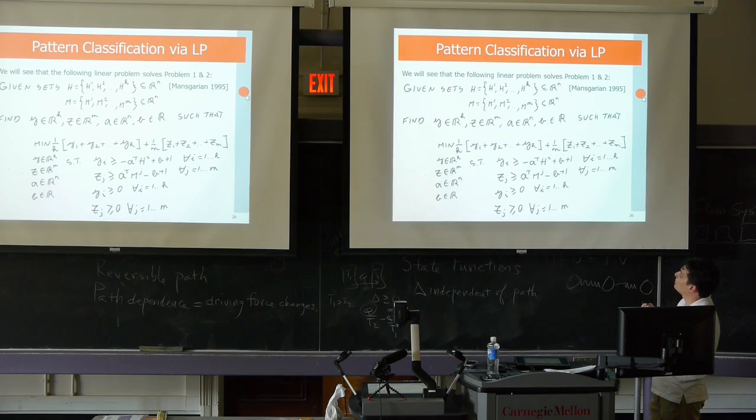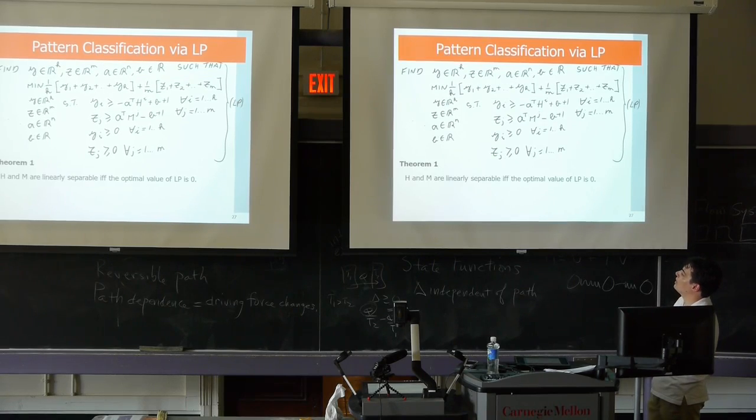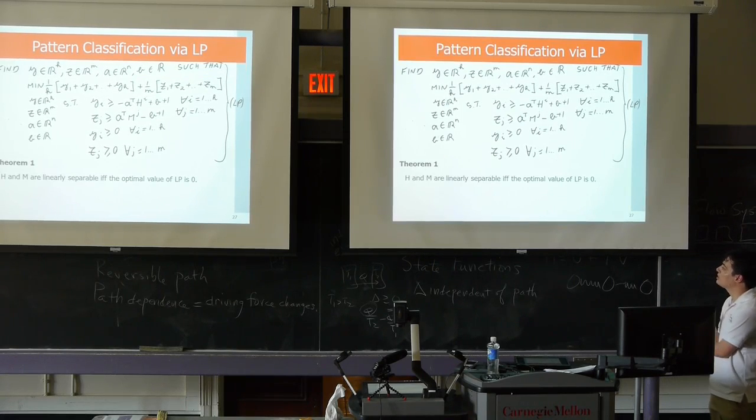And we have these other constraints, that y_i is always bigger than minus A transpose h_i plus B plus 1 in the H group, and of course z_j is always bigger than A transpose m_j minus B plus 1 in the M group. Okay, and now the theorem is that H and M are linearly separable if and only if the optimal value of this linear program is 0.